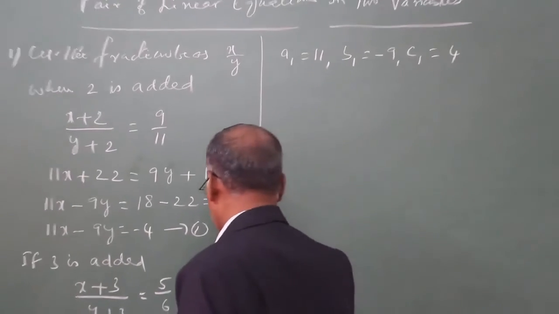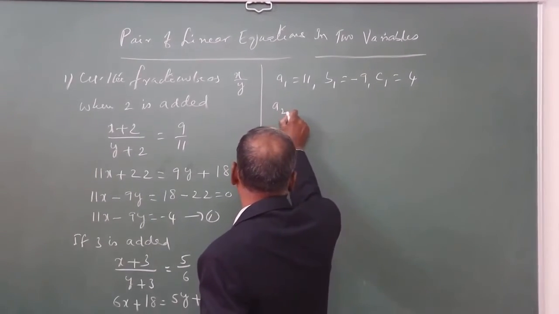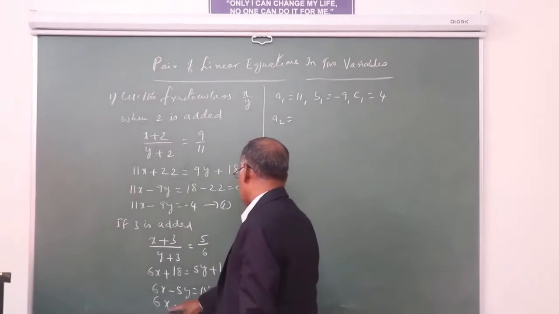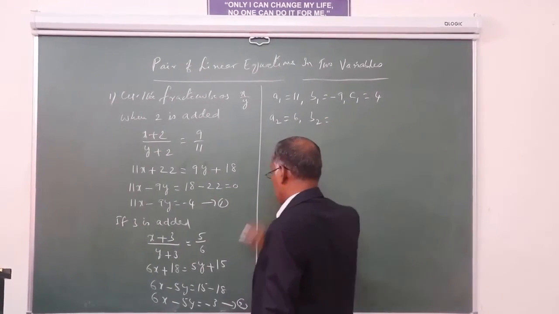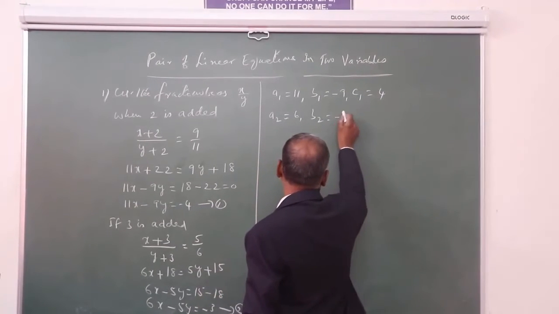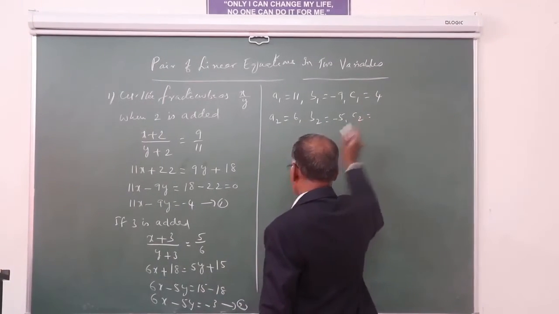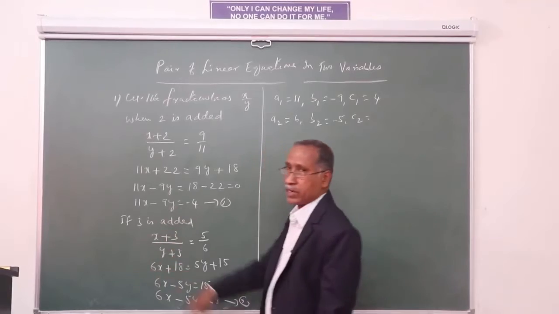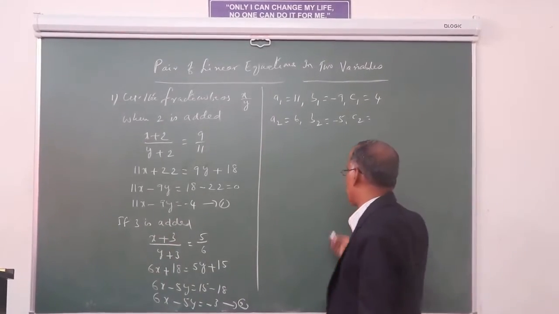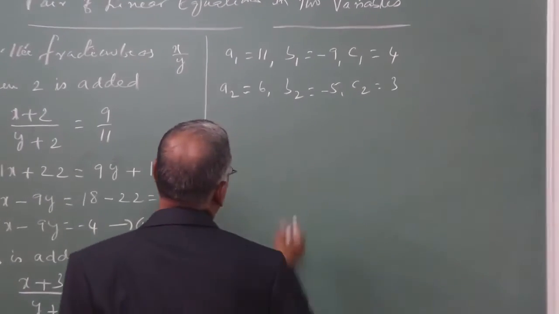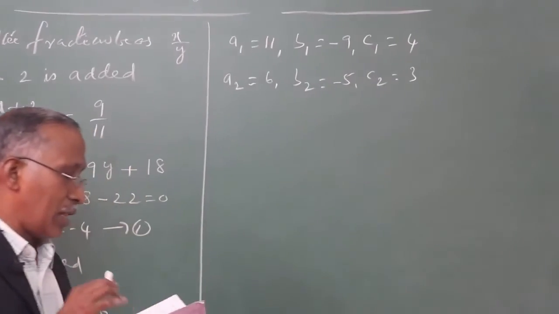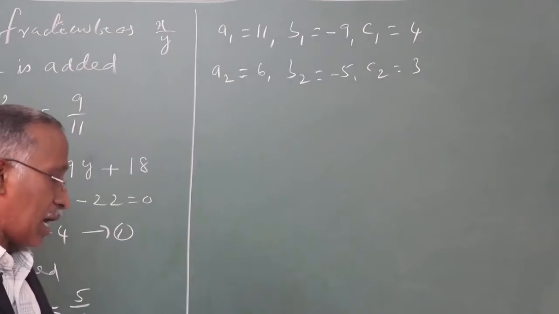In the second equation, let us compare in the same way. a2 is the coefficient of x, that is 6. b2 is the coefficient of y, that is minus 5. Then c2, the constant minus 3, if I transpose to the left hand side, becomes plus 3, therefore 3. How do you solve these equations? You know very well the formula to solve for x and y.